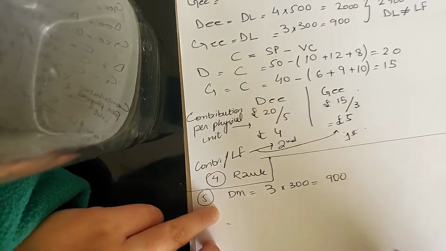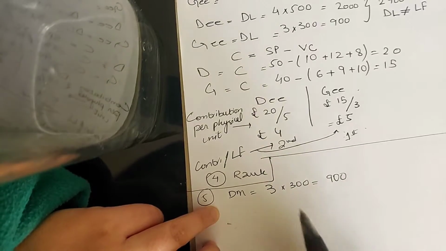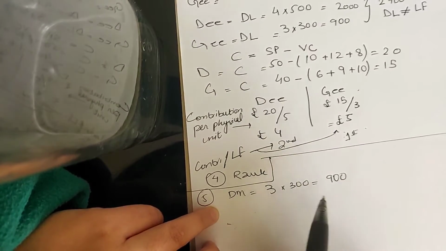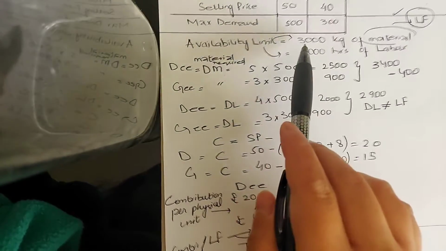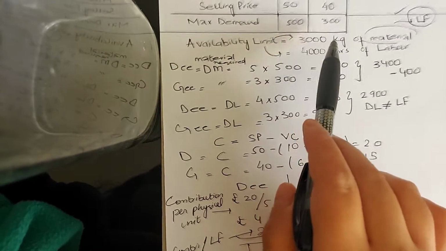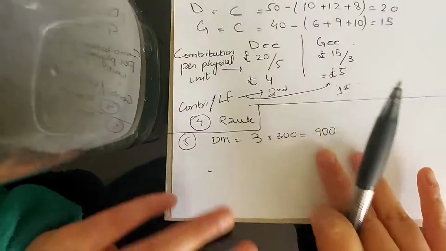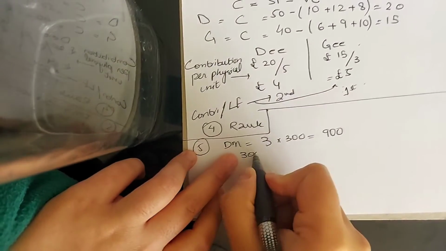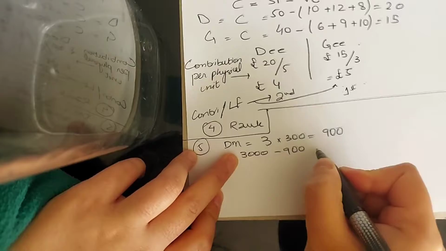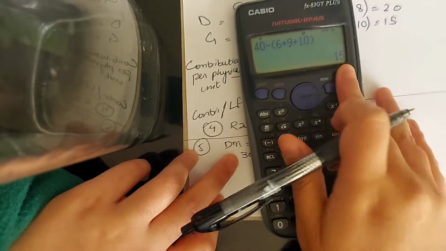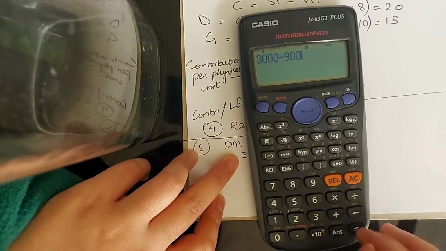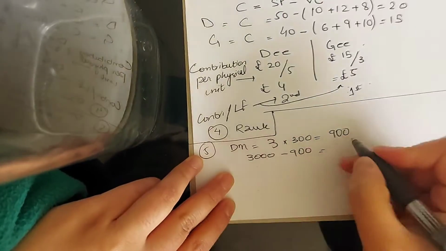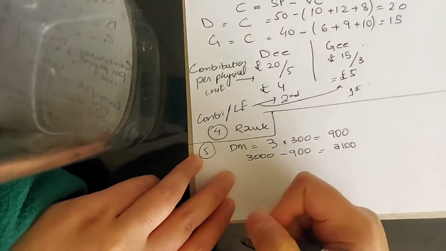We've given the entire 300 out of our total availability limit of 3000. Now 3000 minus 900 gives us the value 2100. So we are now left with 2100.